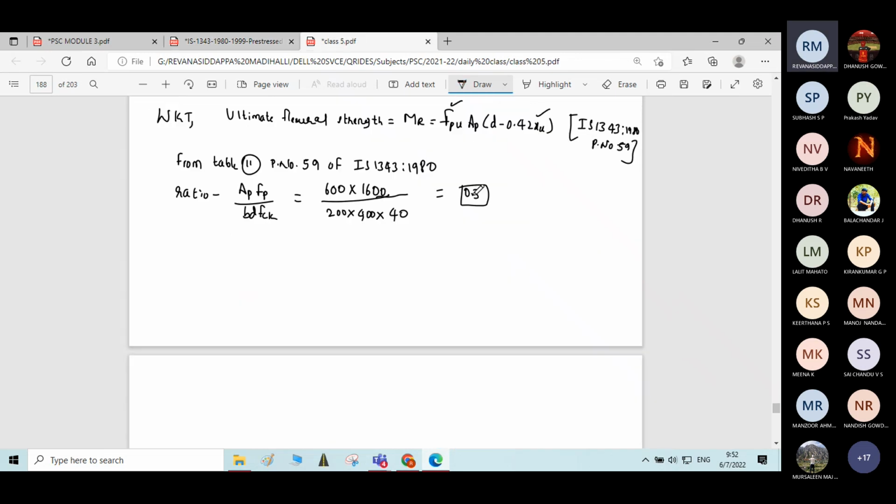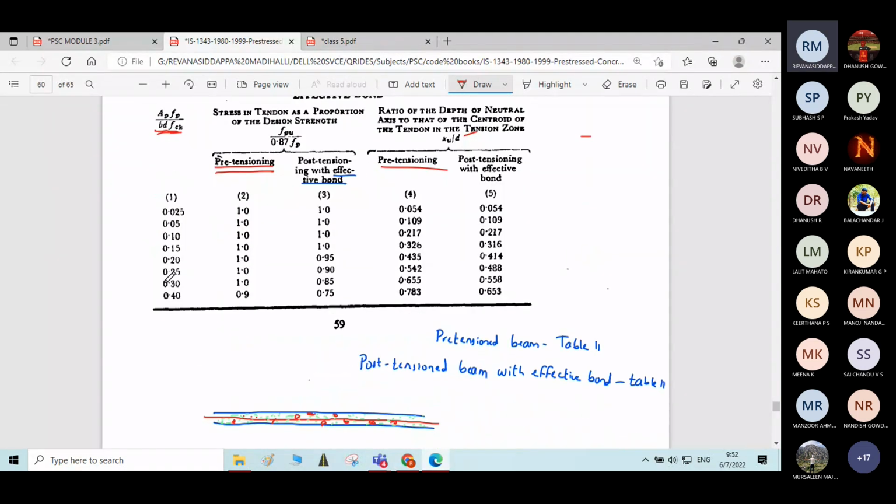Just find 0.3 here. Corresponding to this 0.3 and corresponding to pre-tensioned beam, the value of fpu by 0.87 fp is 1.0.